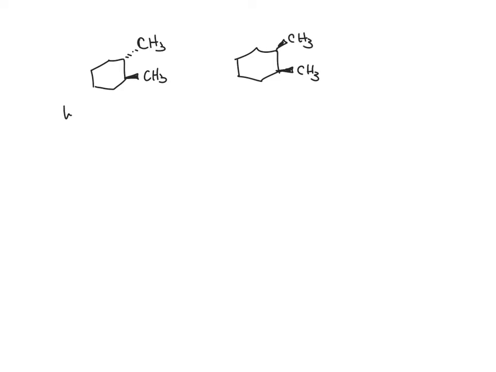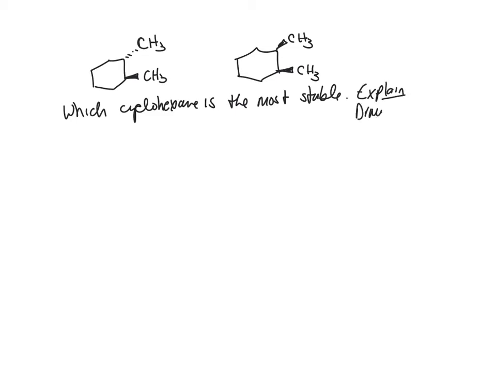You might get a question asking which cyclohexane is the most stable, and you might have to explain that. When you explain, you're going to have to draw the chairs and the ring flip. Okay, so that's how you explain that.